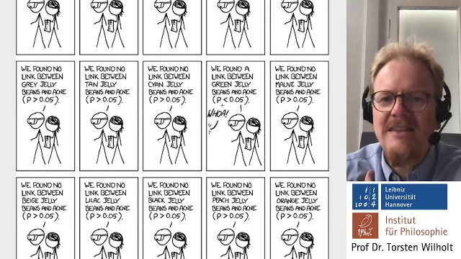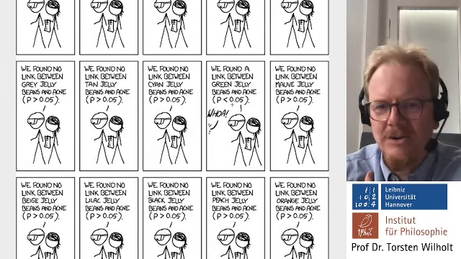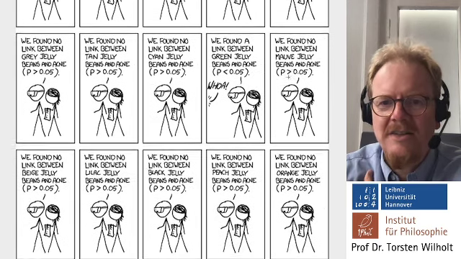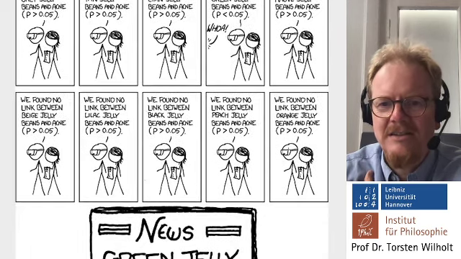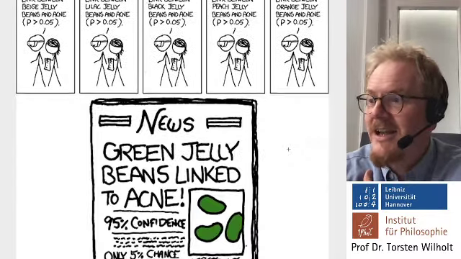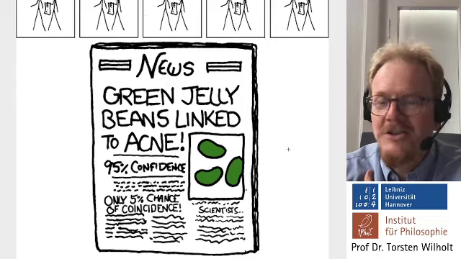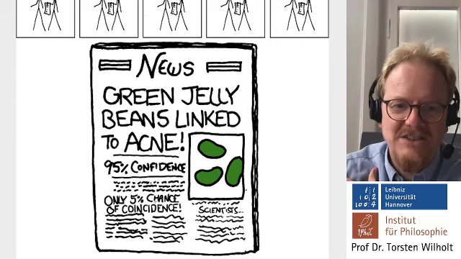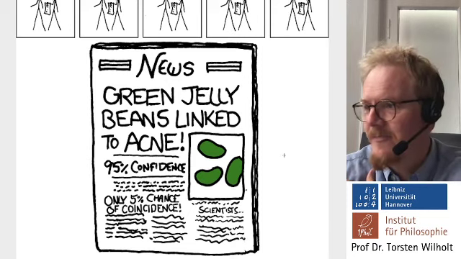And now the p-value is smaller than 0.05. And they go on with the other colors and they don't find a statistically significant correlation. And in the end, the news story: green jelly beans linked to acne. Only 5% chance of coincidence.